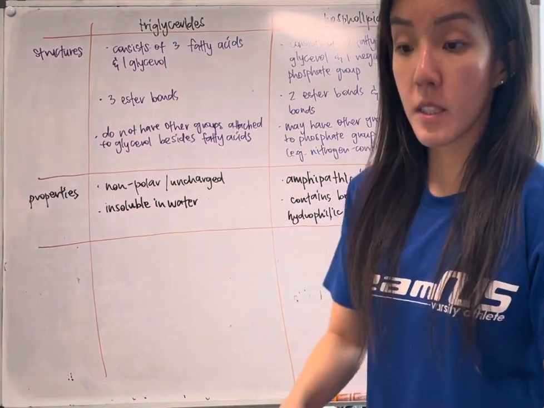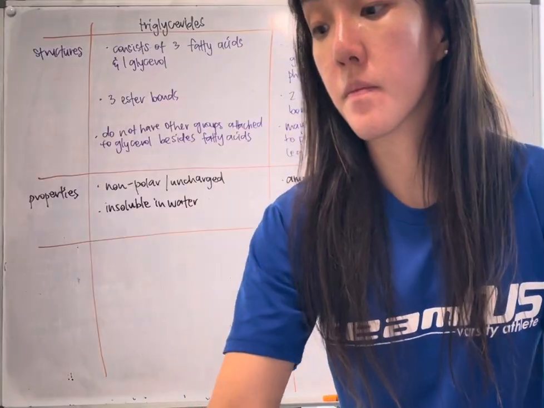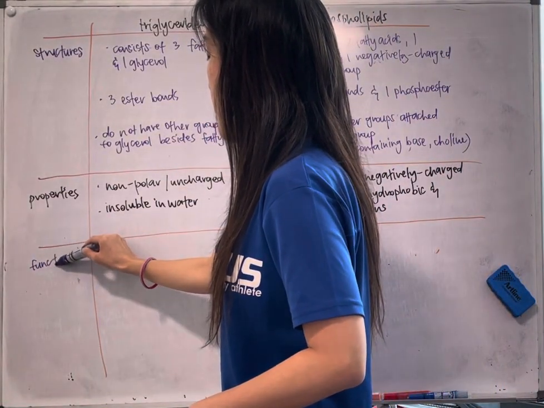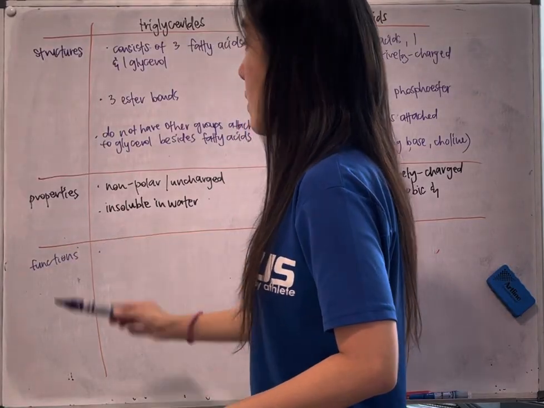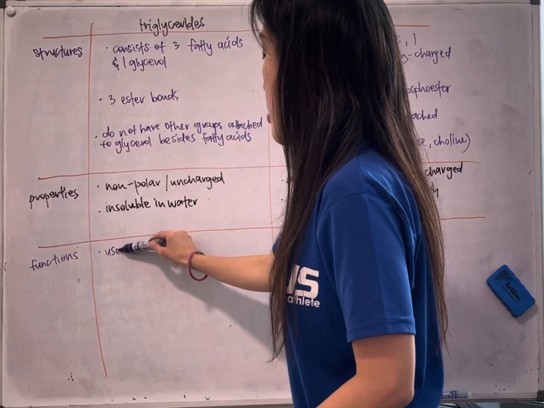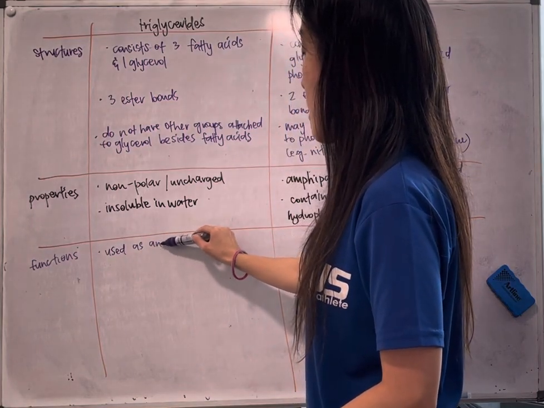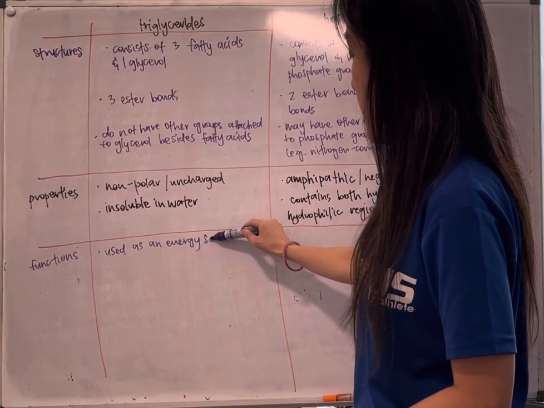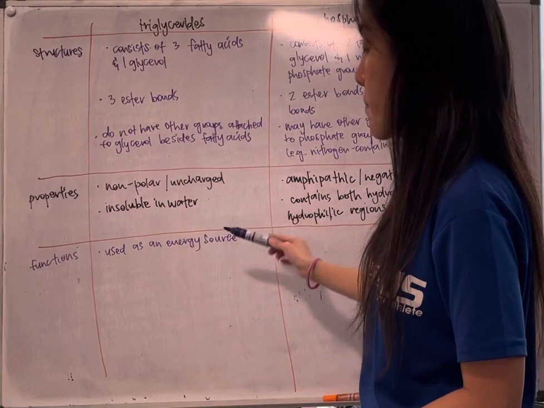Last one I can talk about is the functions. Fats have many functions. One major function for triglyceride is obviously energy storage. Later we'll discuss the structural features, but now I'm just comparing between the two.